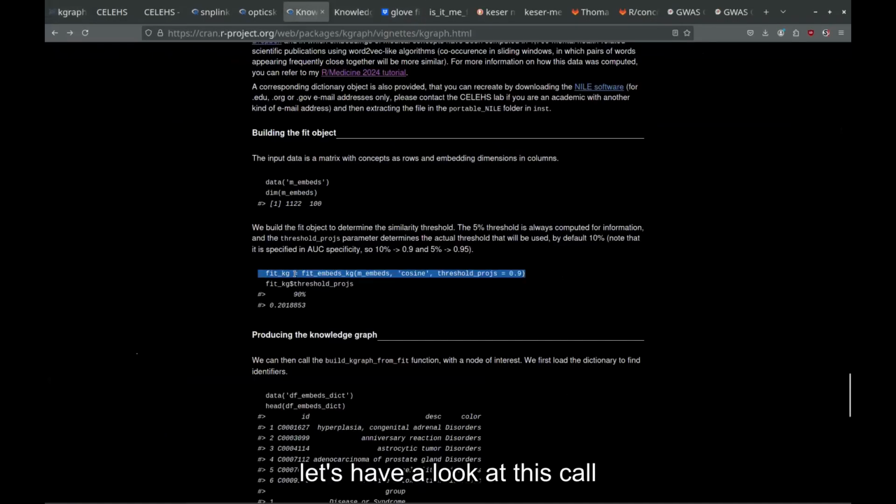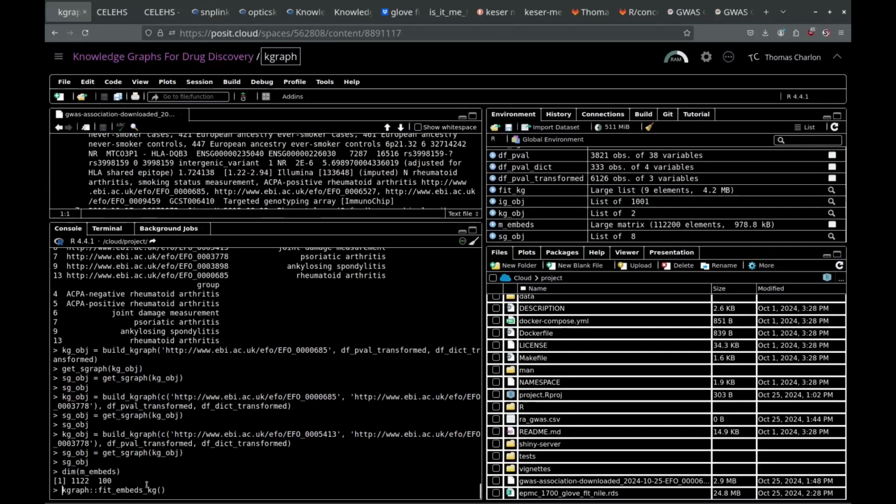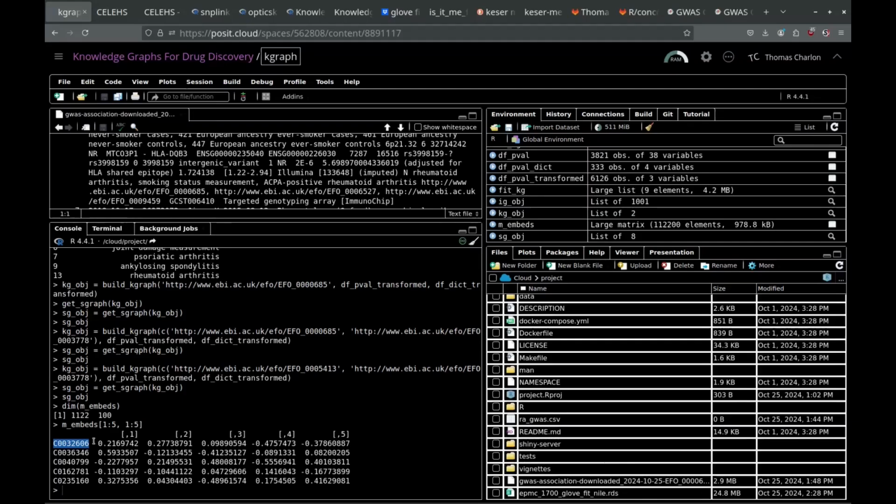So let's have a look at this call. Or maybe first we'll have a quick look at our embedding matrix. These are concept identifiers from the UMLS database, the Unified Medical Language System. And so it's medical terms.